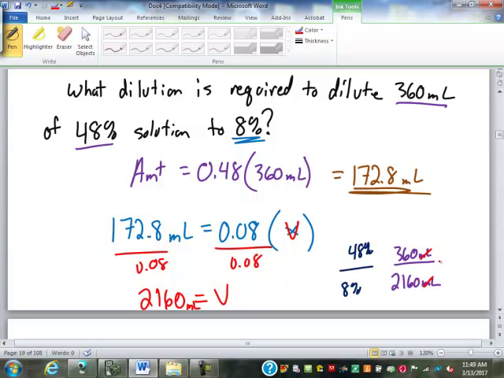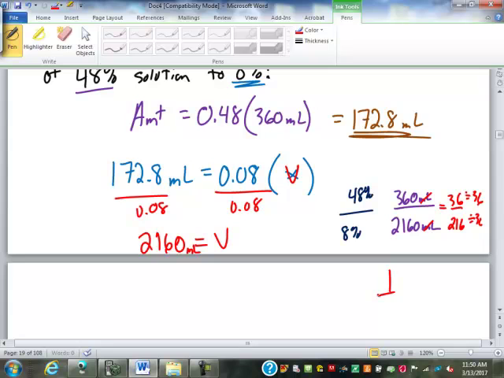Both of those will divide by 10, giving me 36 over 216. Both of those will actually divide by 36, which gives me 1 in 6. So that is a 1 in 6 dilution that will dilute that from 48% down to 8%.